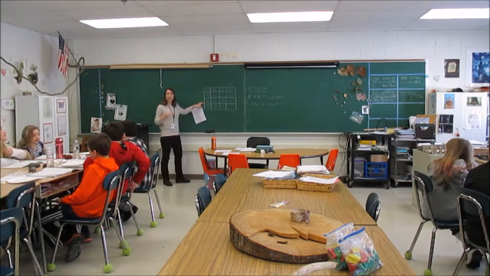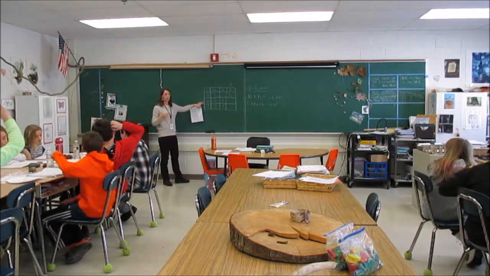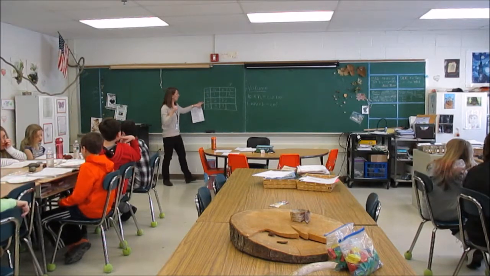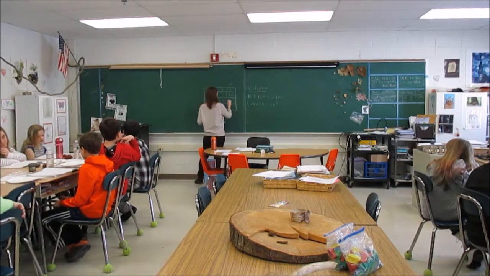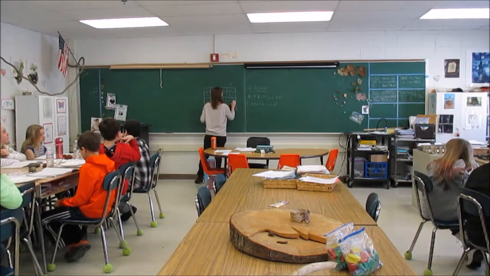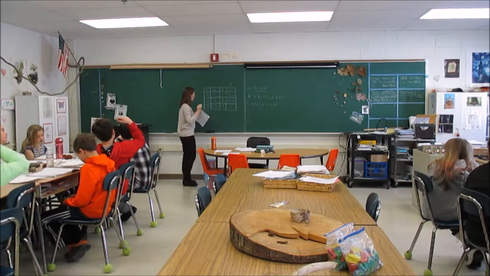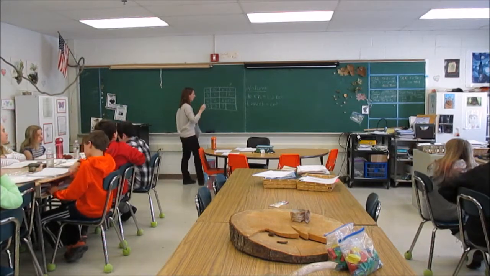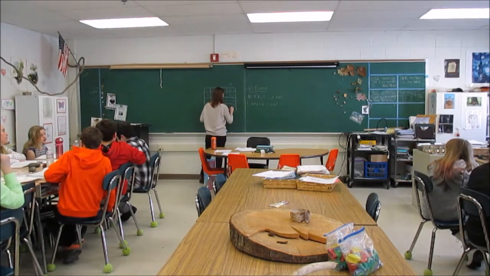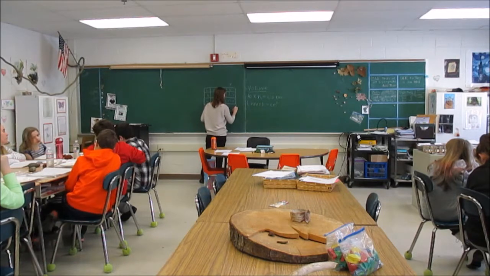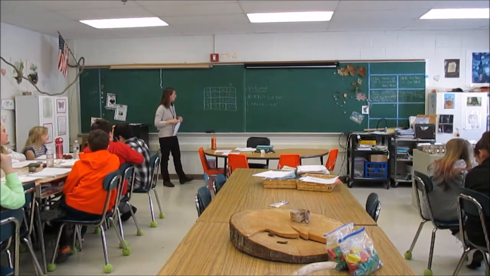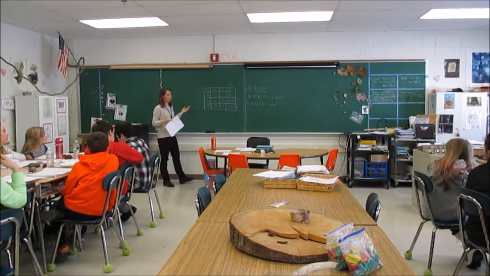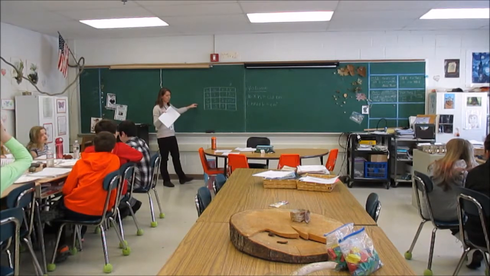All right, what's our volume on our second one? 24. And what's our volume on our last one? 81. So obviously, which one has the biggest volume? The 9. Right, the one with the length of 9.